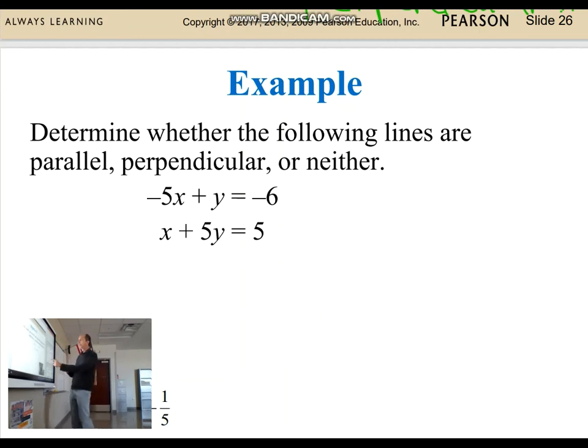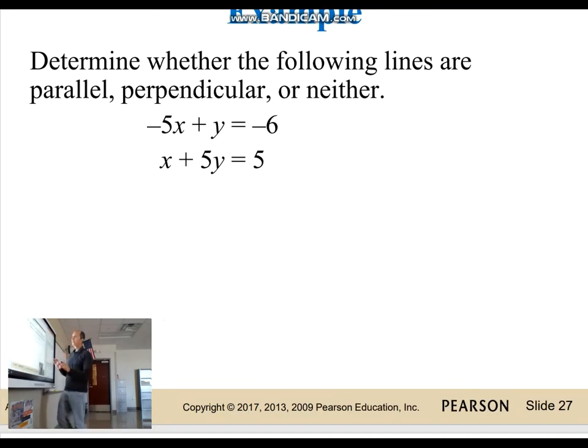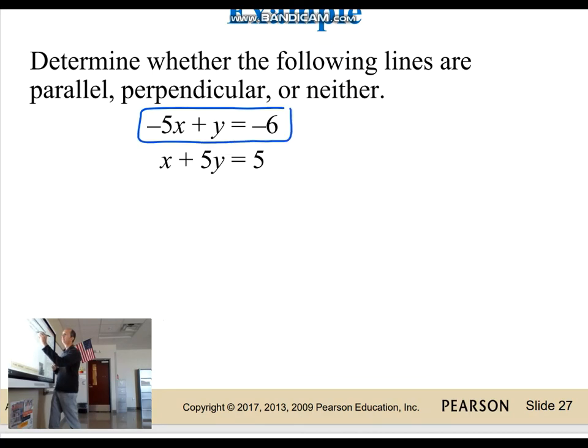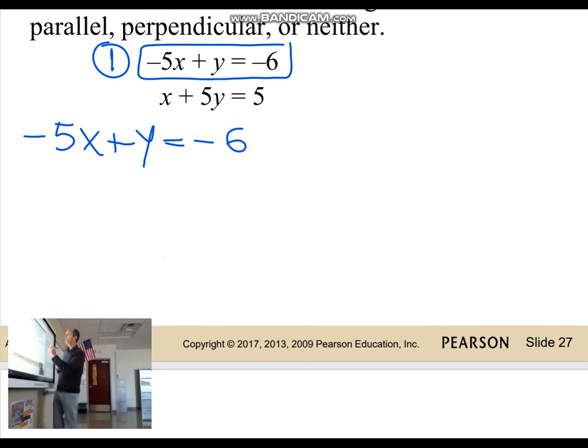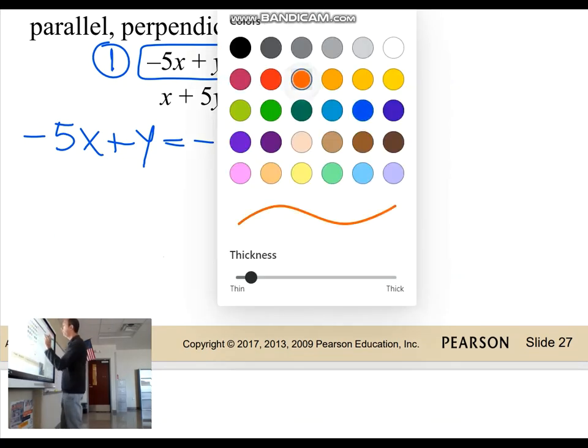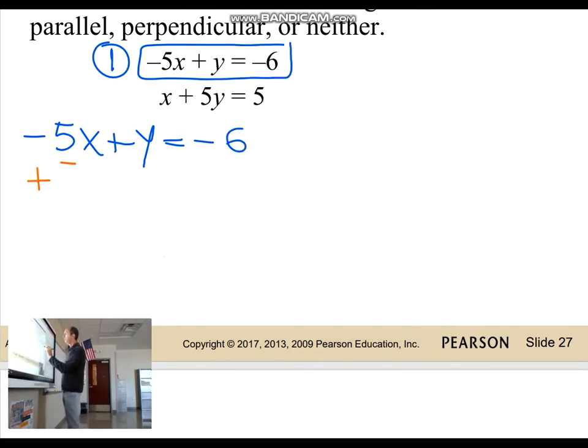And check this now. First, let's calculate the slope for this equation. Let's say number 1, negative 5x plus y equals negative 6. Remember that we will apply the addition property of equality to move everything from the left-hand side to the right-hand side and keep only y.